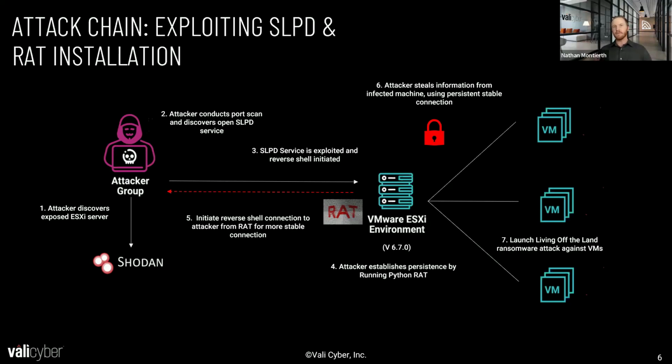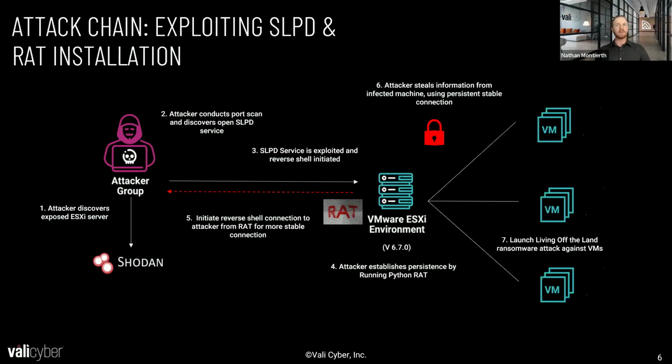Now, something I want to make sure to note here before we get too far into it is that part of, from the attacker's perspective, part of the advantage that I have putting a rat on an ESXi host, or really any hypervisor, is that I have access to all of the virtual machines that are running on top of that hypervisor. Usually the point of a ransomware attack or a wiperware attack or a denial of service attack is to create an effect for the victim, right?